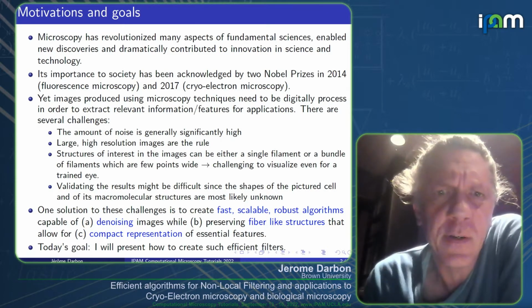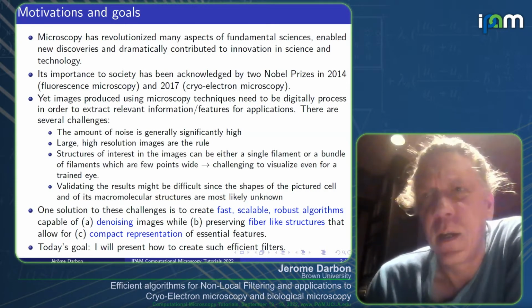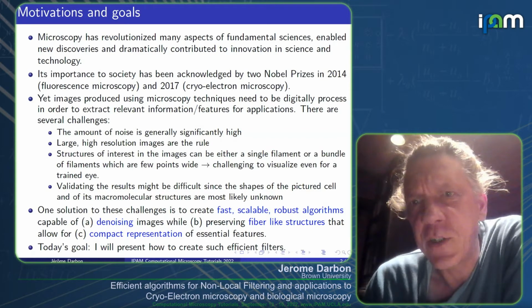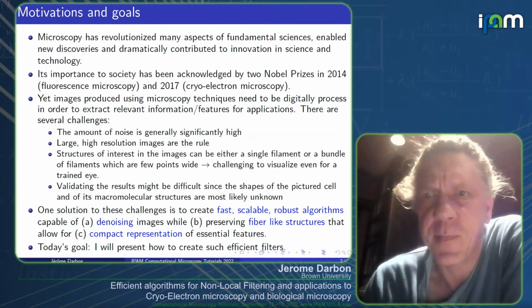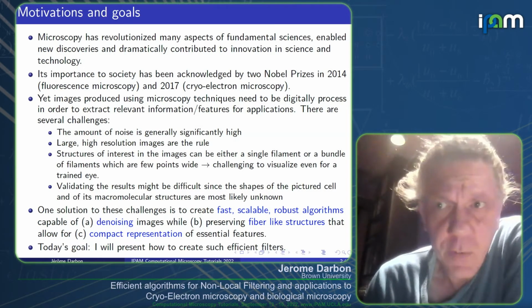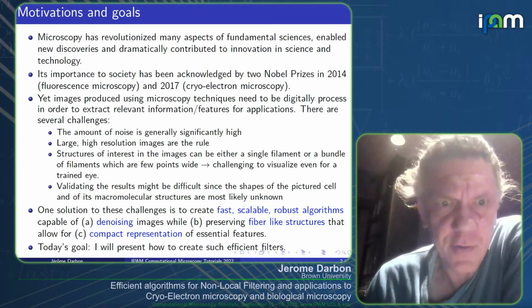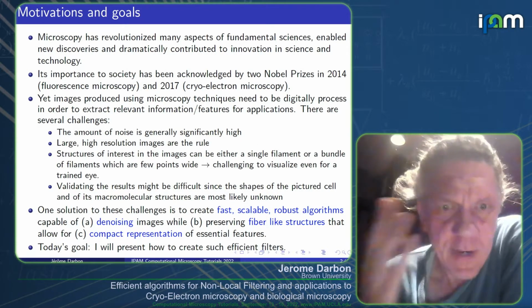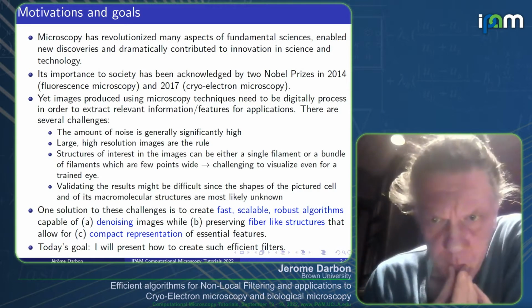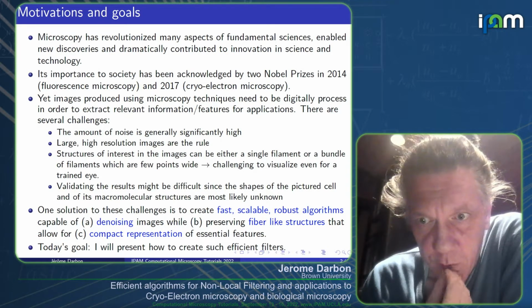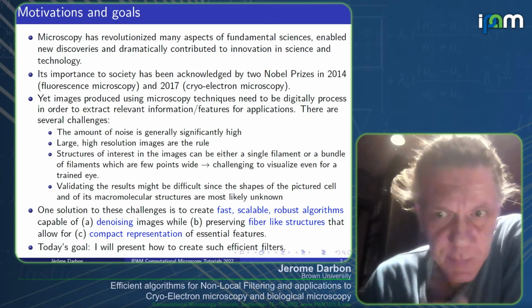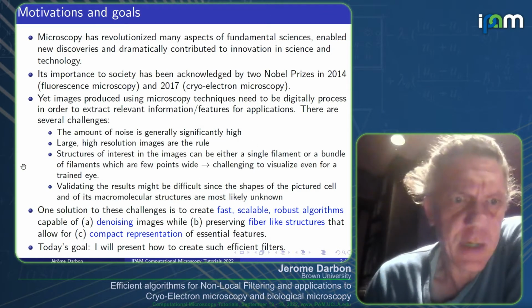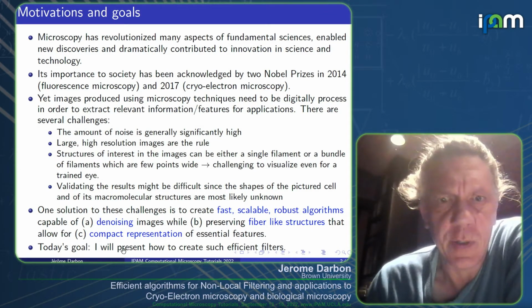By thin, I mean here a few pixels wide. So it means that it is challenging even to see them when you want to visualize it. And it might even be harder if you want to automatically extract those features in these images. And validating the results when you have such problems, especially in biology, may be a challenging one.